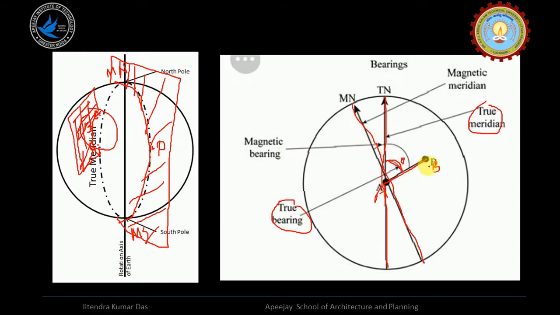Now next, magnetic bearing. Same thing: there is line AB, and we measure the angle of this line AB with respect to a plane which passes through the magnetic north and magnetic south. That is our magnetic bearing. So here all the bearings are clear now.